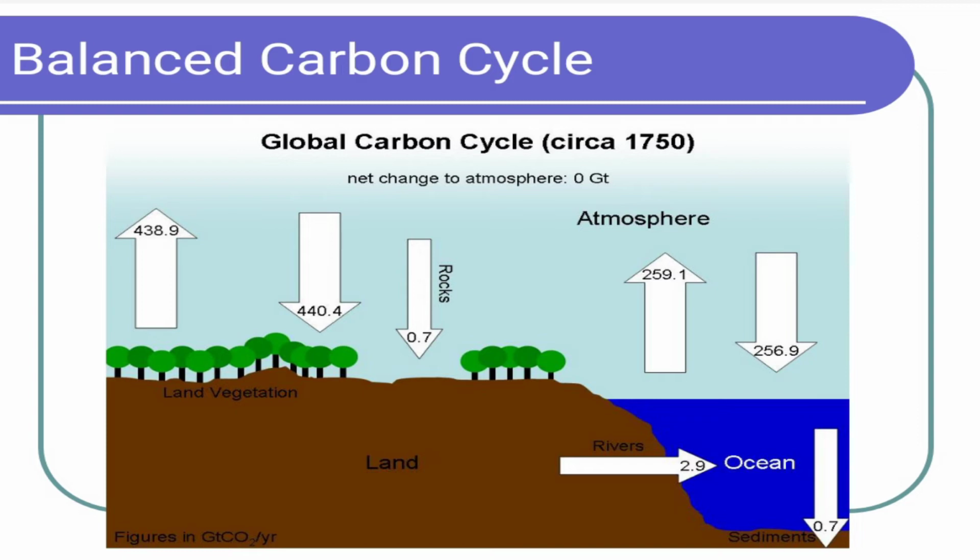Decomposition of fallen leaf litter and dead organic tissues of both plants and animals by decomposers oxidizes further carbon to carbon dioxide, which is returned back to the atmosphere. Some carbon is released as CO2 due to burning of vegetation and animals, and it returns back to the atmospheric reservoir.